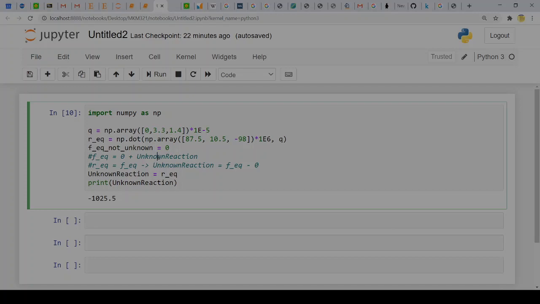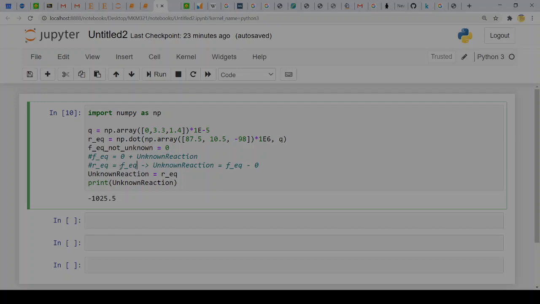What I tried to explain, without actually showing the screen, so I apologize for that, was that F equilibrium is equal to 0 plus some unknown. And this 0 is because in that force vector at node 0, there's a 0 in there. And then there's an unknown reaction that we have not put in as a variable, but that's also part of that. And then we essentially have the equilibrium equation.